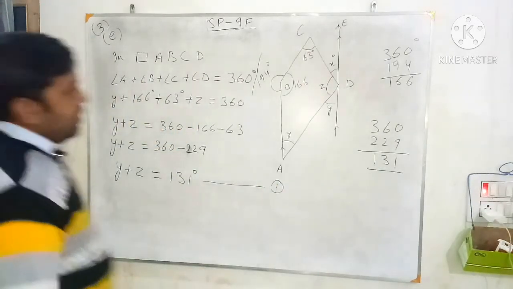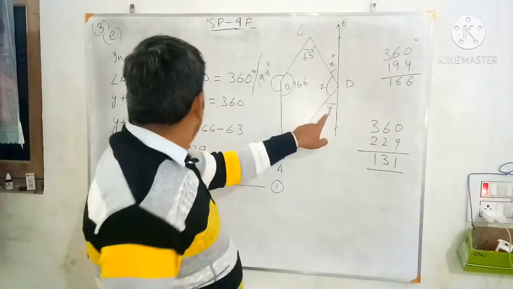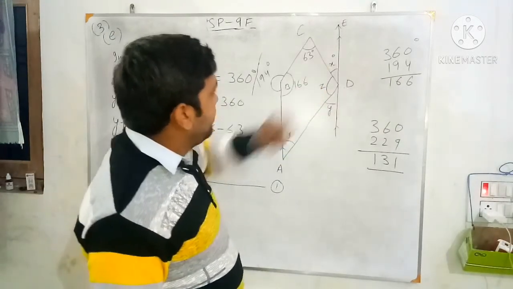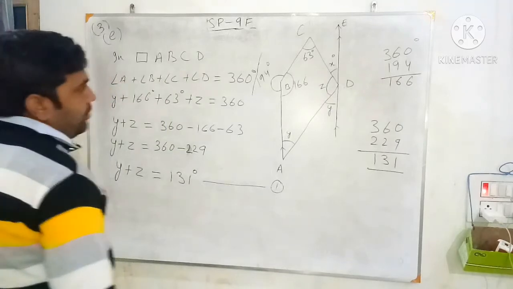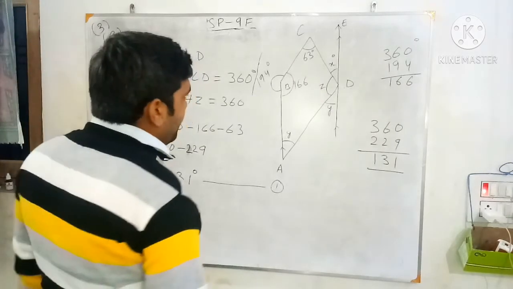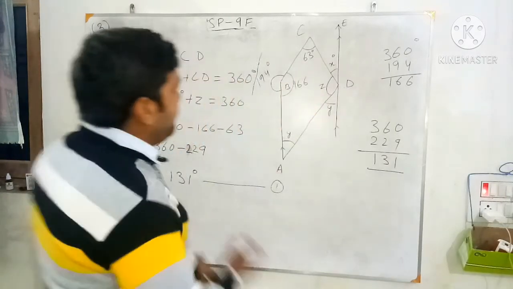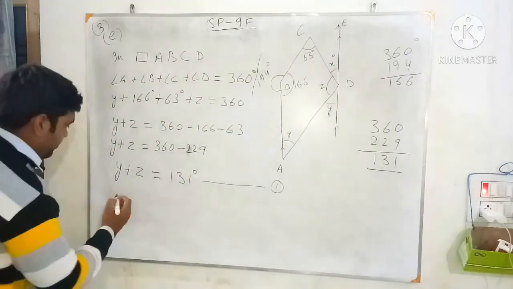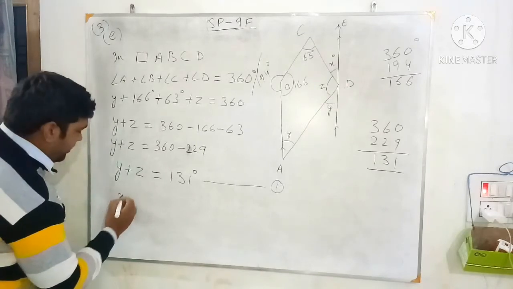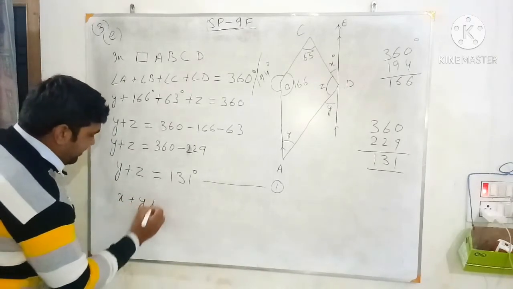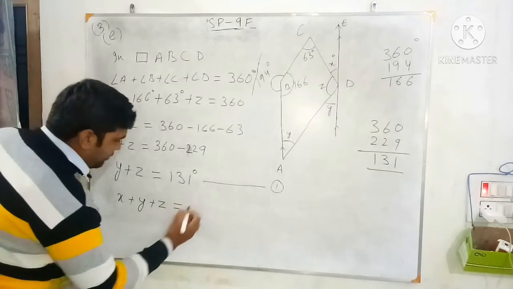Now the value of this y plus z you got 131 and the x also you have. So how you calculate this x? The sum of these three angles x, z plus y is 180 degree because of angles on a straight line. Now you write x plus y plus z is equals to 180 degree.